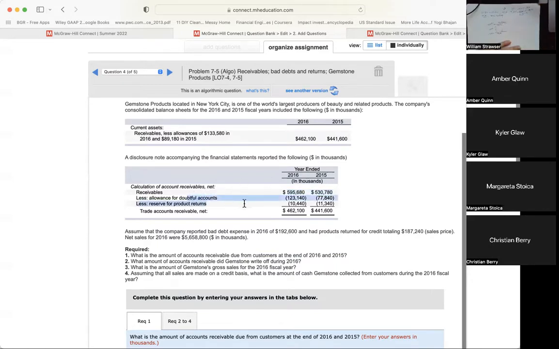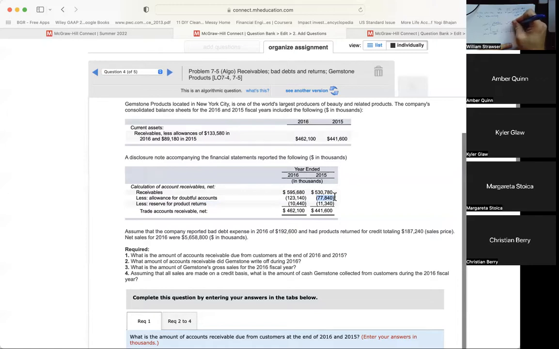We also have information about the balances of our two contra accounts, the reserve and the allowance. So if we have our allowance for doubtful accounts and our allowance for sales returns, it started in 2015, using that idea of a balance. The ADA, allowance for doubtful accounts, started in 2015 at 77,840.